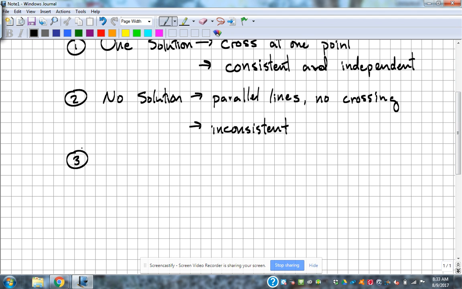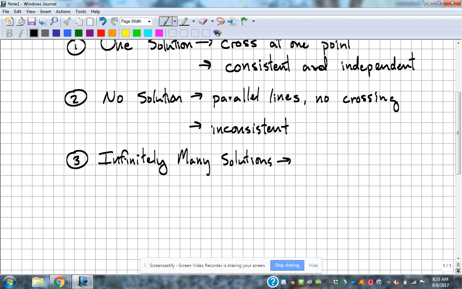Third possibility is the one that's really mind-boggling, is that you could have infinite or infinitely many solutions, is how I usually say it. So what would the 2 pens do for infinitely many solutions? I can't really bend a straight pen.